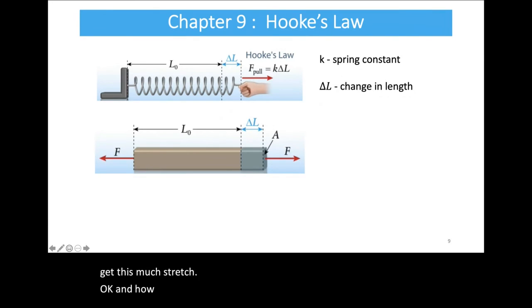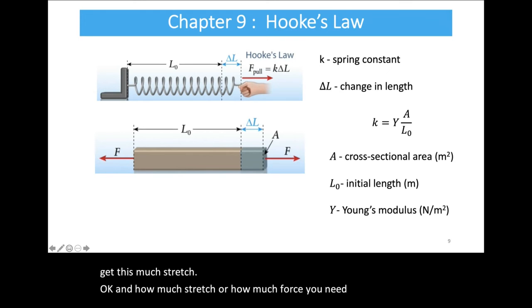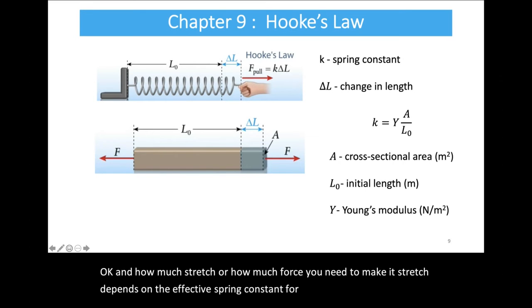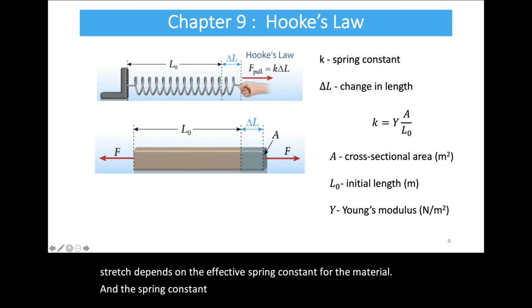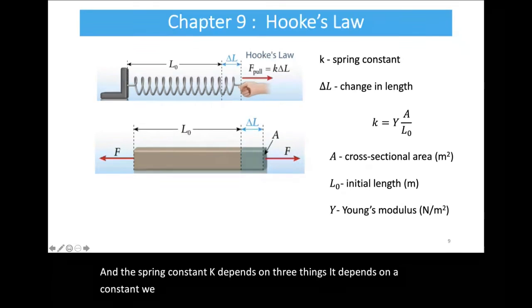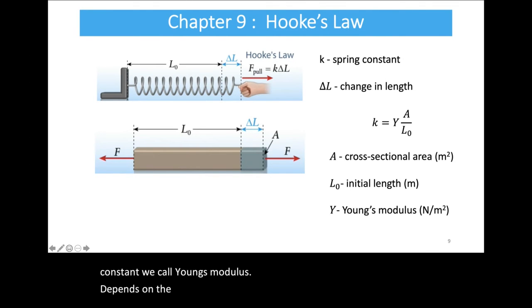How much force you need to make it stretch depends on the effective spring constant for the material. And the spring constant, K, depends on three things. It depends on a constant we call Young's modulus. It depends on the cross-sectional area of the material, that is, the area perpendicular to the length.